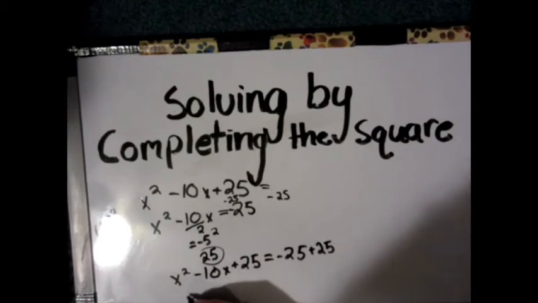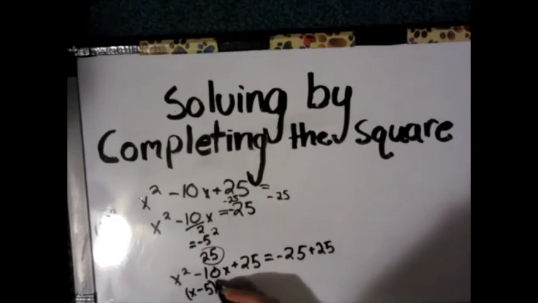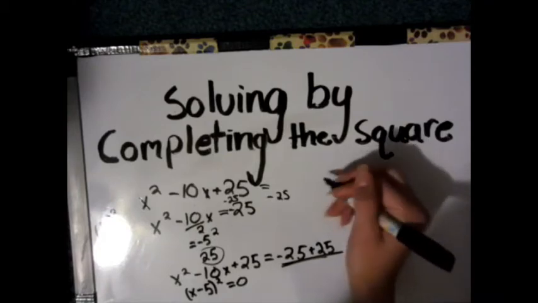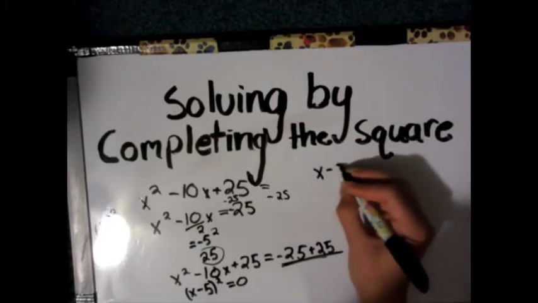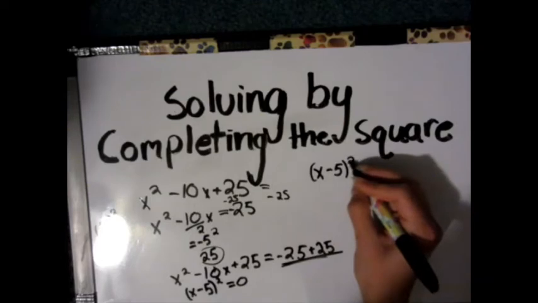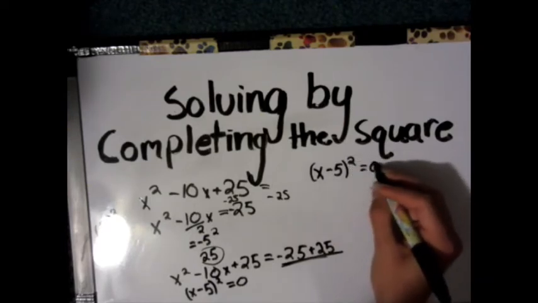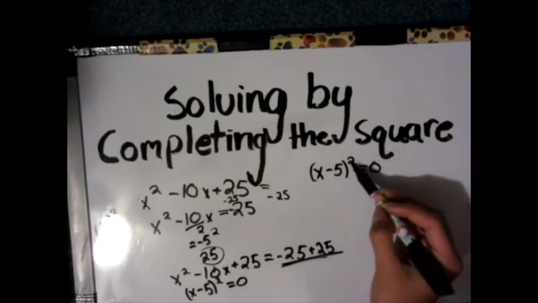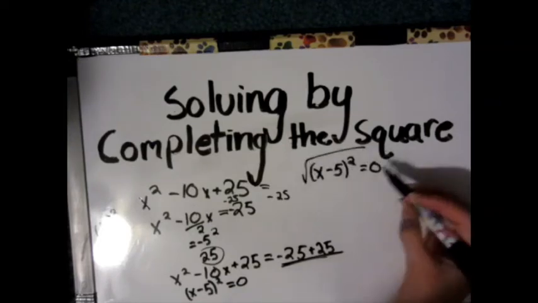Alright, so now you can put it in the form of a perfect square, since we got it to that point. So x minus 5 squared is equal to, and then you simplify this, and that just gets you 0 in this case. Alright. And now I'm going to write it up here so it's easier to see. And you're going to want to cancel out that square with the square root on both sides.